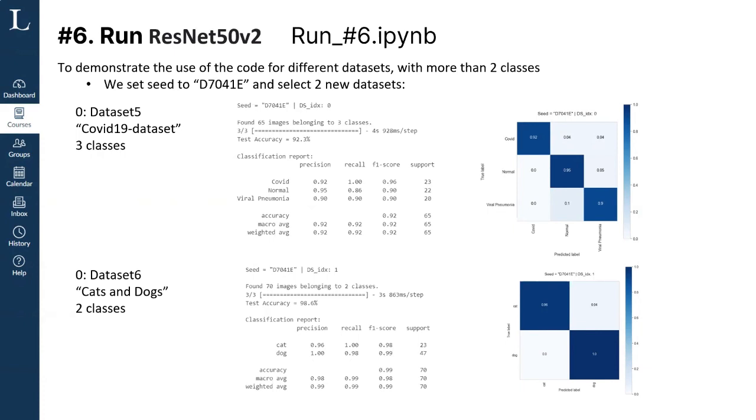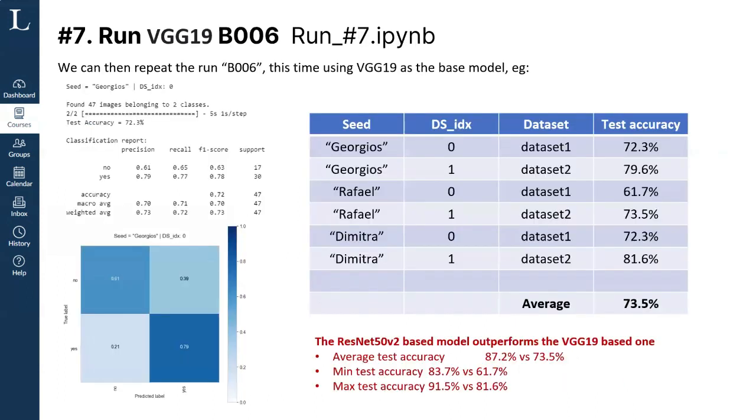We see that the performance that we get is between 92 and 98%, almost 99, which indicates that learning to differentiate the brain tumors is a much more difficult task than differentiating between cats and dogs, or even COVID X-rays. This suggests that in order to get a good result, we need a relatively high number of images.